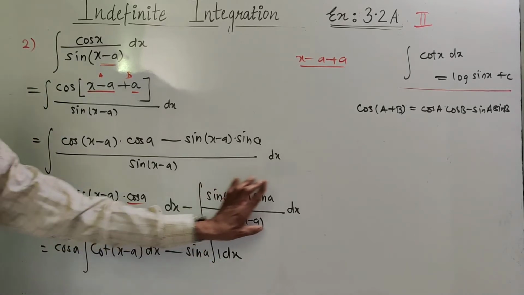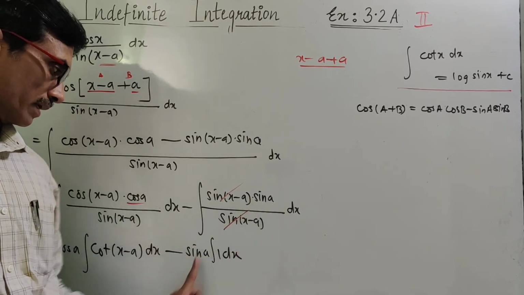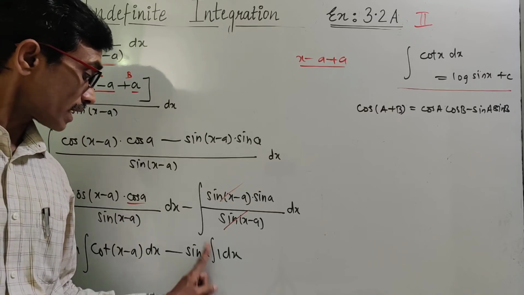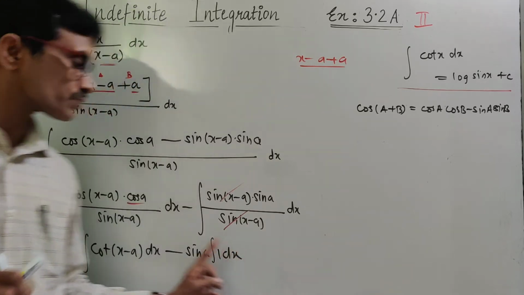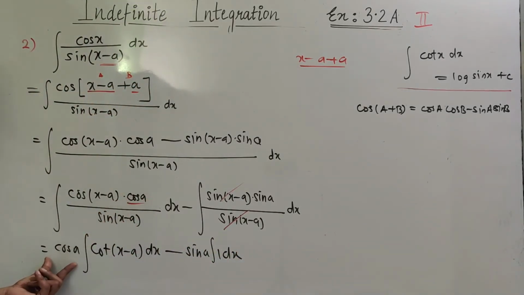What is left over here after taking sin of a is 1 dx. Sin a is a constant outside, because there is no x in it; it is independent of x, we are integrating with respect to x. Here cos a has no x, so that we take outside.